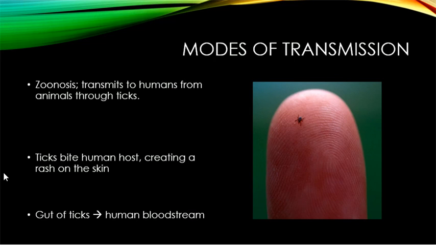So again, this is a zoonosis, and it's basically caused by the Borrelia burgdorferi coming in. The Borrelia outer surface protein, OspA, binds to a tick receptor, and then when the tick feeds, Borrelia downregulates OspA and upregulates OspC.